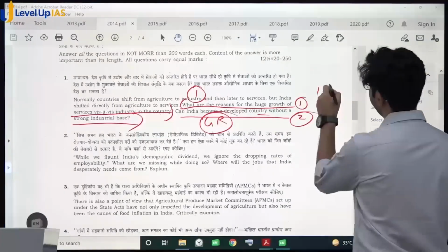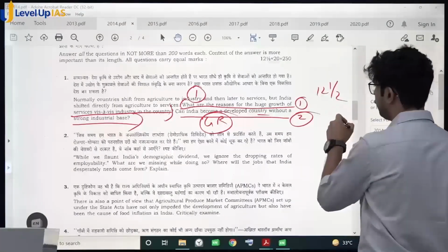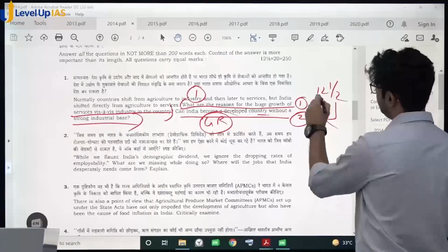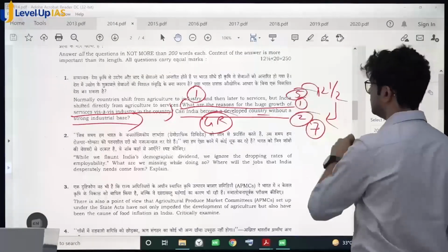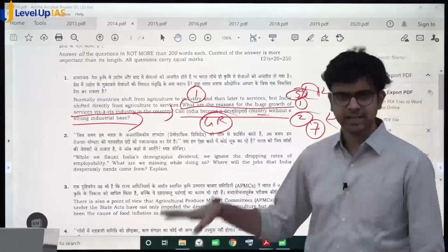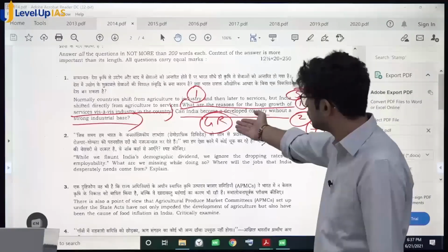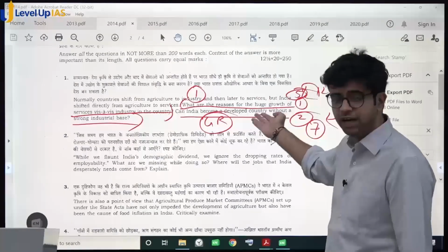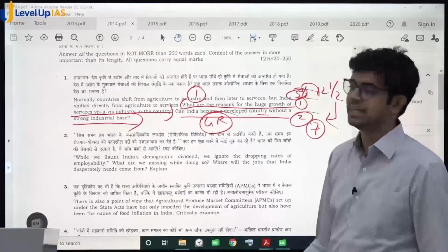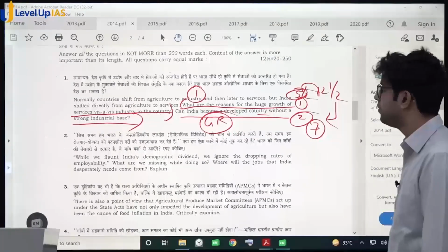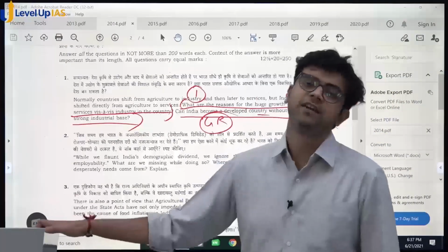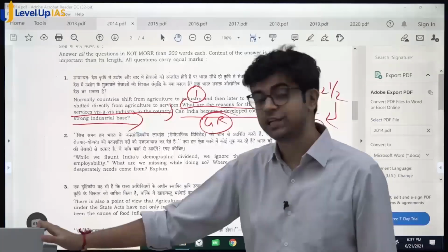So out of 12 and a half, I think we should give 7 to the second part and 5.5 to the first part. In half a sentence they have asked a very tough question. The answer is very easy, no, but the reasons are very difficult to justify.